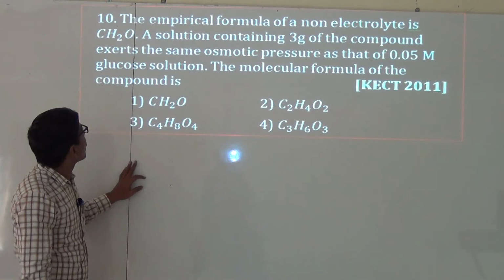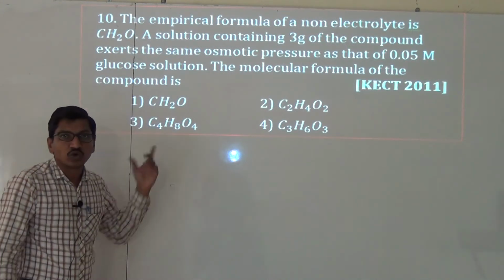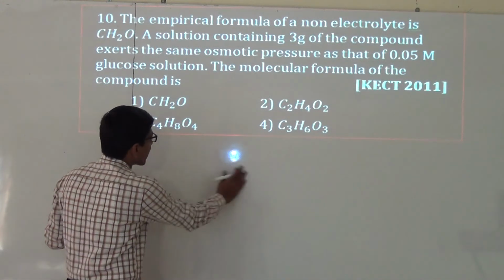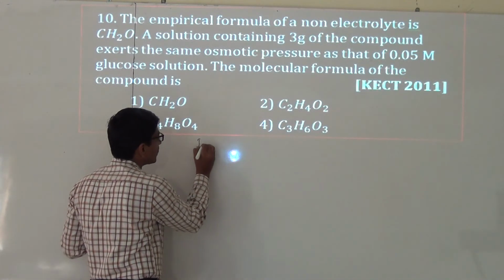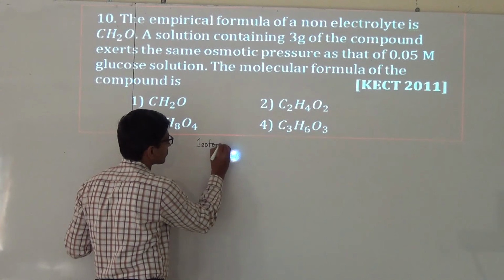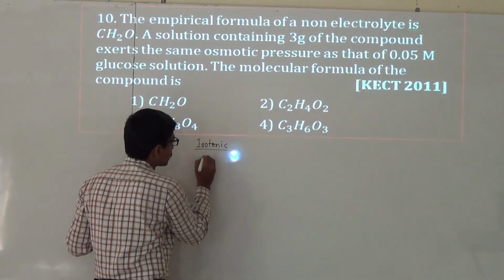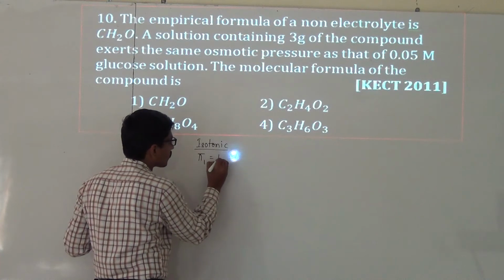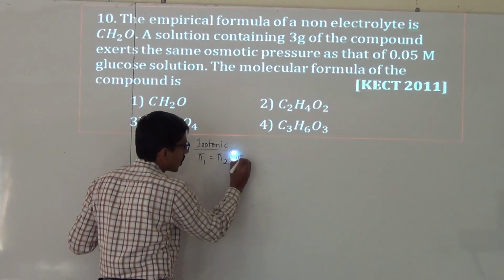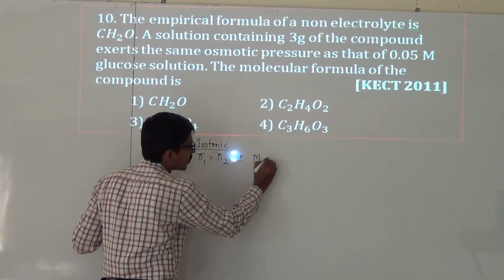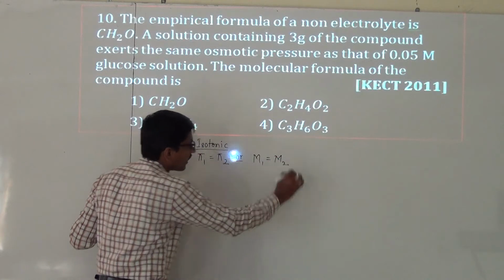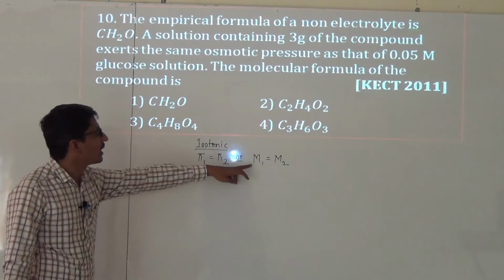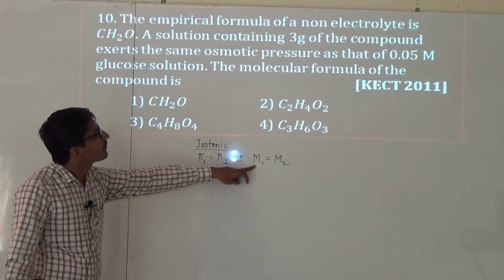We have to calculate the molecular formula of the compound. Isotonic means osmotic pressures are the same. Pi 1 is equal to pi 2, or M1 is equal to M2. The value of M2 is already given, that is 0.05 M.